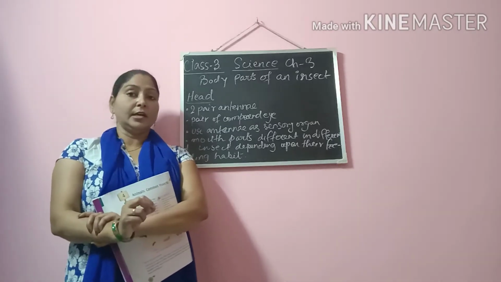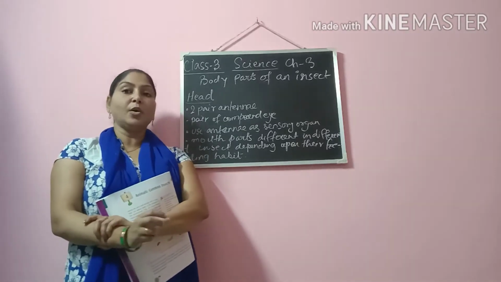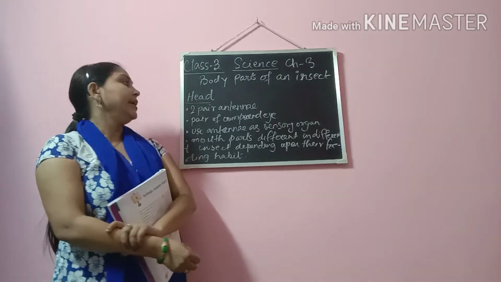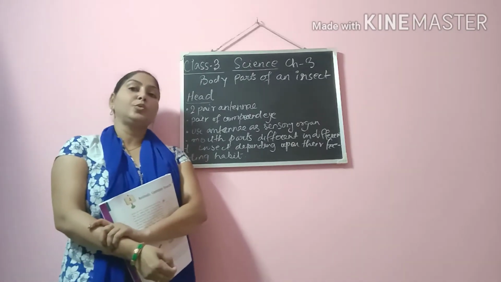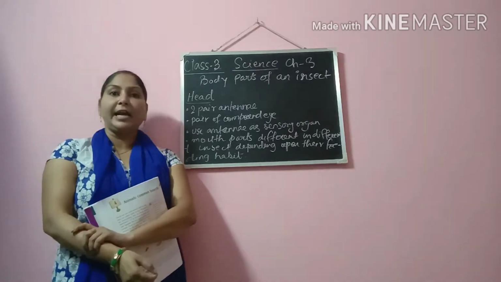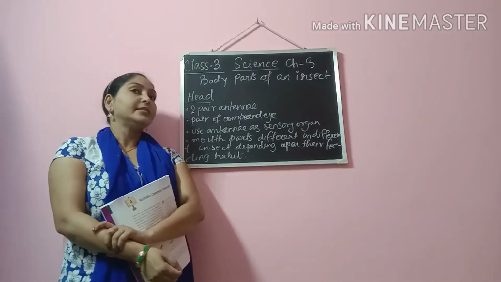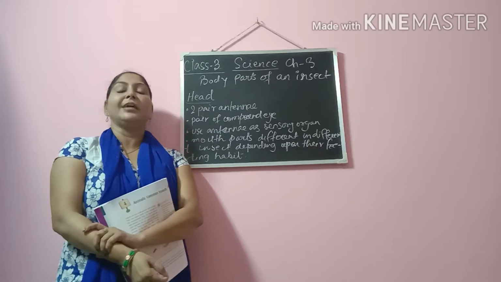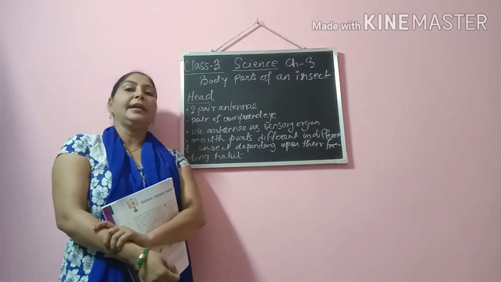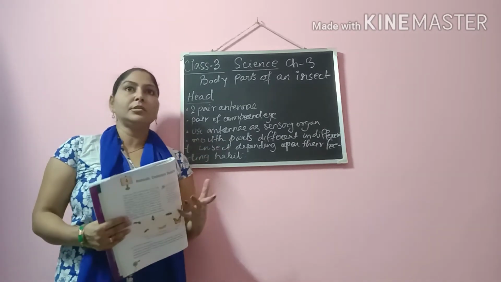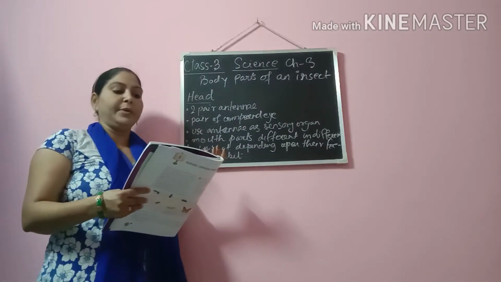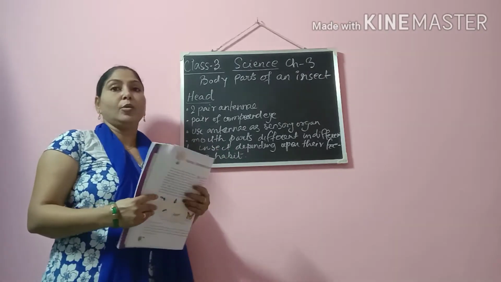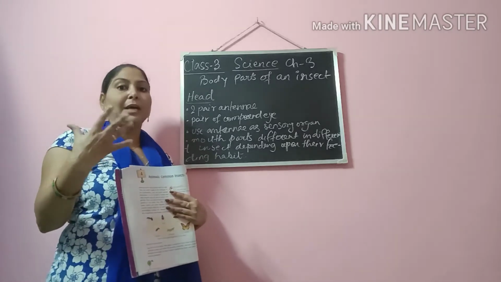In the head part, what are the other organs involved? See, in the head, the insects have two pairs of antennae. These antennae basically serve as sensory organs, and they use them for smelling, taste, vibration, and sounds, and also to detect the odor, as I told you.